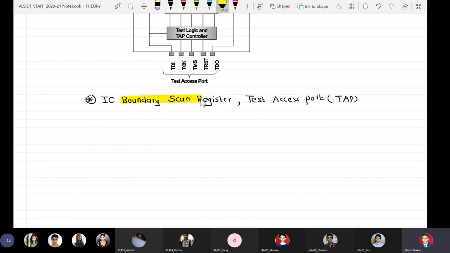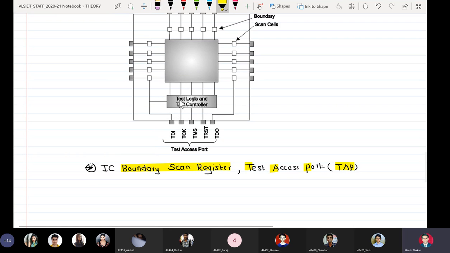TAP is a very famous thing. It's called a TAP or test access port controller. So this is our test access port.